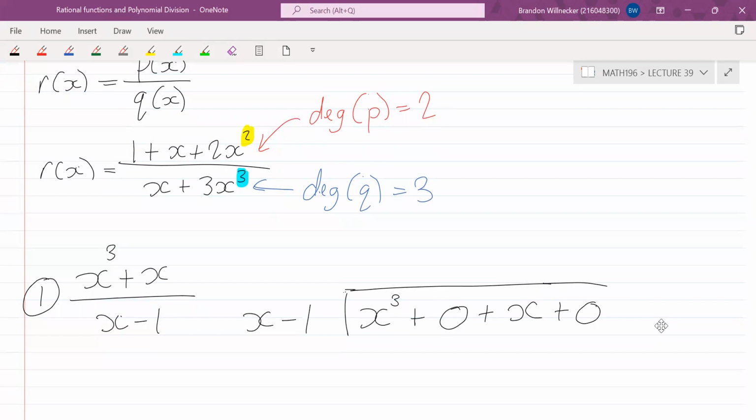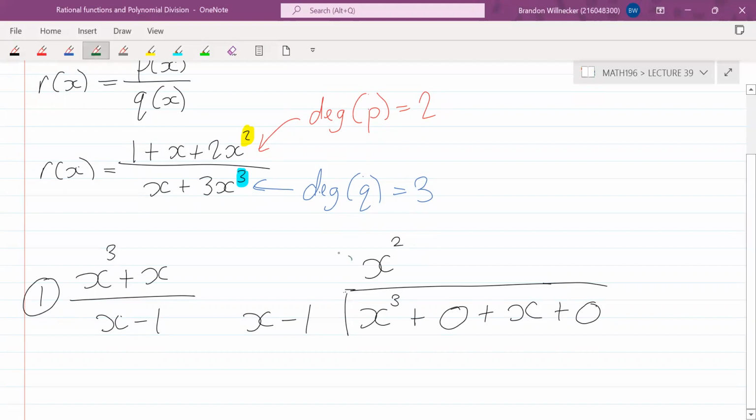Okay, so we go term by term and perform the division. So first, how many x terms go into x cubed? Or another way of saying that is x cubed divided by x minus 1. If we do that, we're going to get an x squared, and we're going to have some bits left over. How do we find that?